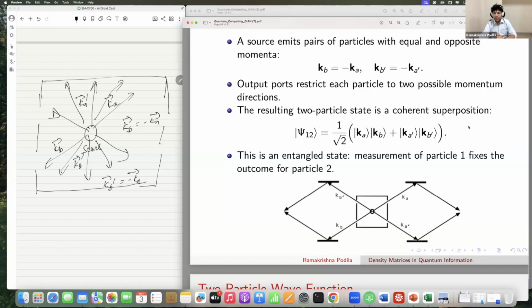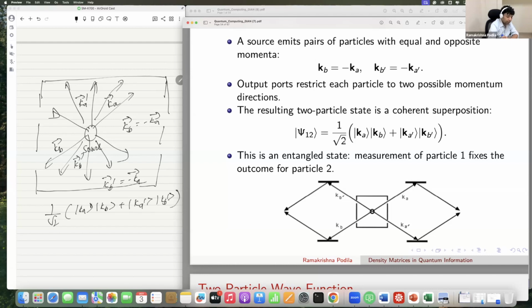Yes, Shafna, that's right. I don't say it gives you a percentage of entanglement, but if they are correlated, that means that we cannot express them as a product state. For example, look at the state written here: 1 over square root 2, (Ka, Kb plus Ka prime, Kb prime).